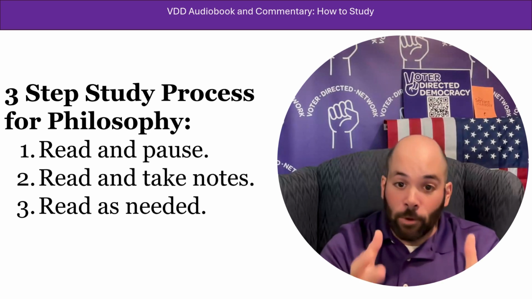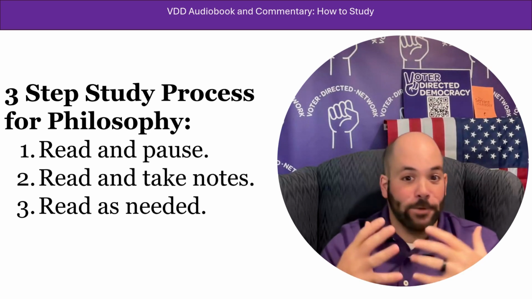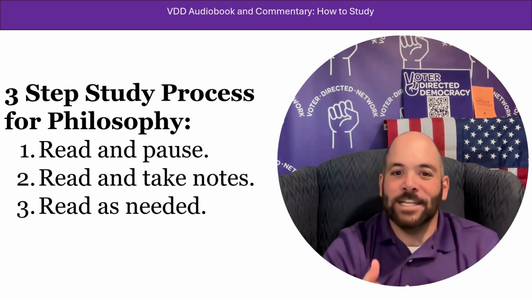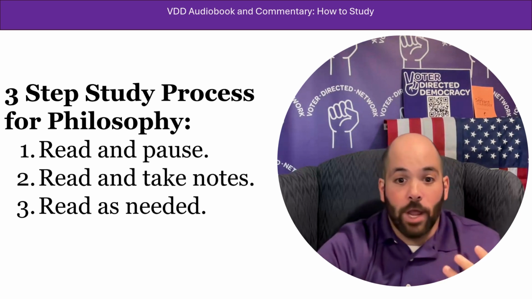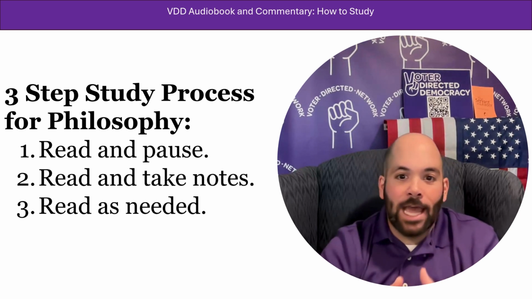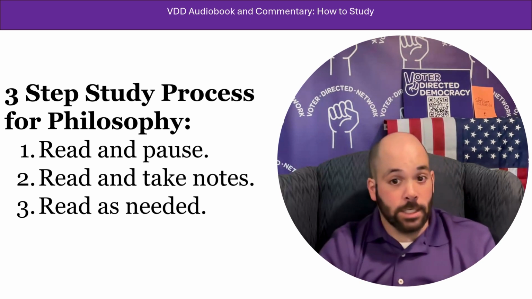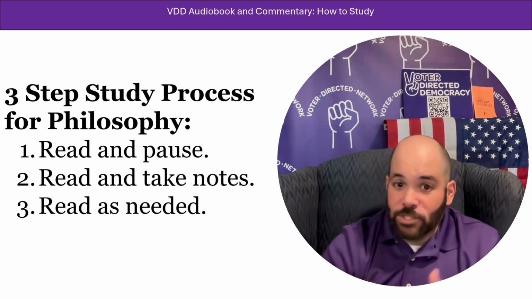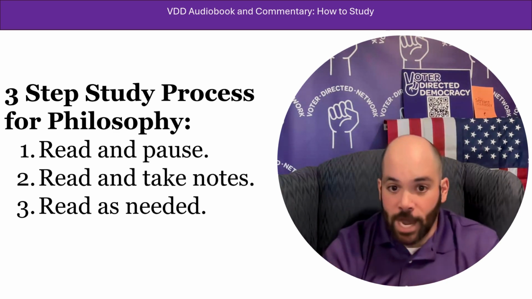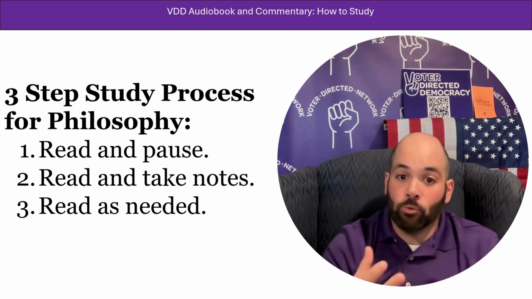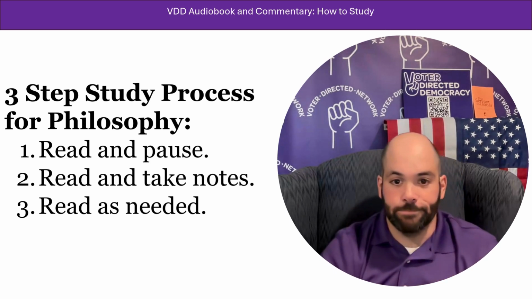Whatever you need from the text when you're studying or when you're about to comment something should easily be accessible to you and you can find it quickly. Remember, you already read it at least once with pauses, then you read it again and took notes. So if you need to pivot back to the information a third time, it should jump out to you and be really accessible to you.